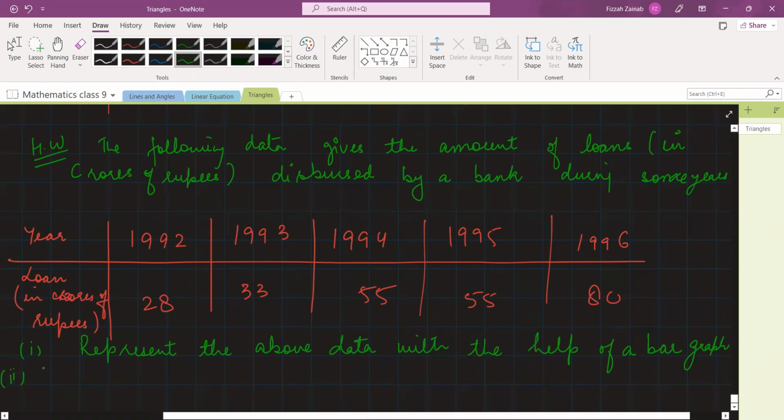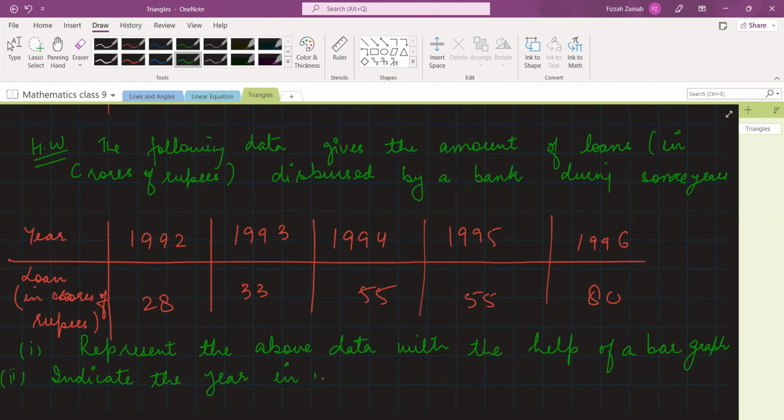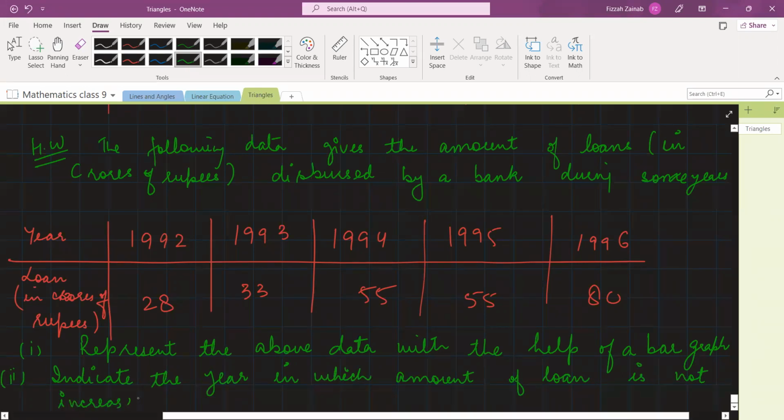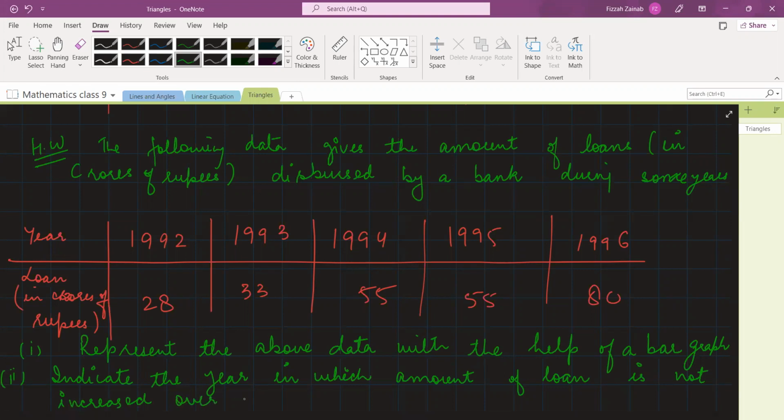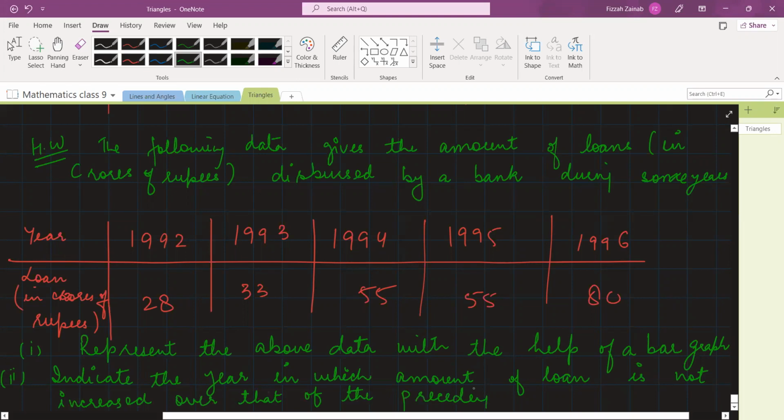Second, with the help of the bar graph, indicate the year in which the amount of loan is not increased over that of the preceding year. So Jaslyn, you have to complete this question. You have to draw a bar graph and you will send me the picture, okay? And write your response also.